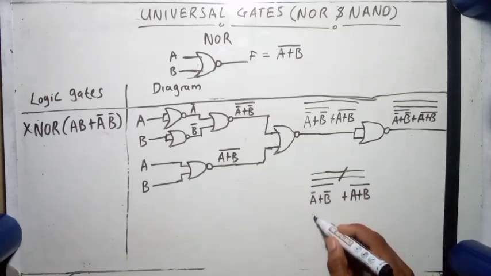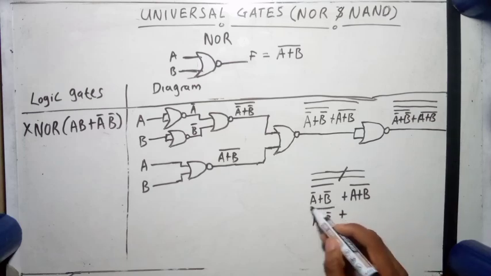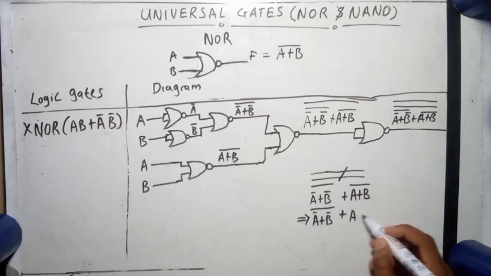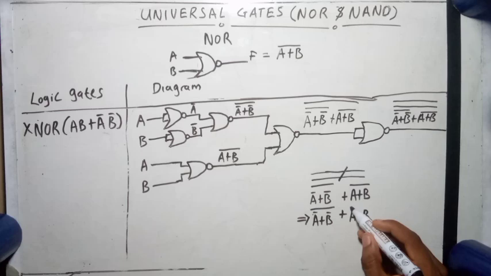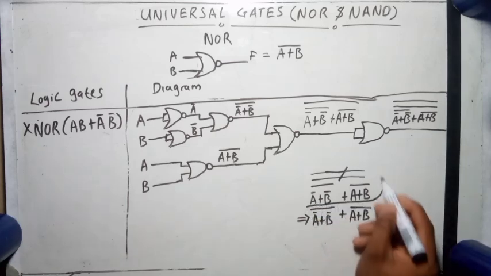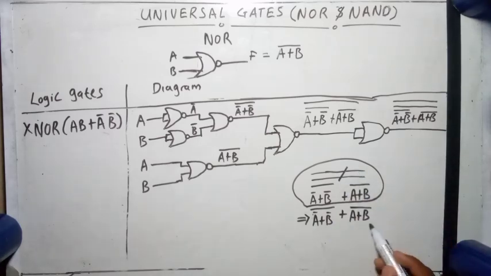Then we are left with A plus B bar bar or bar, plus A plus B bar. We have removed the first bar and we're left with this.